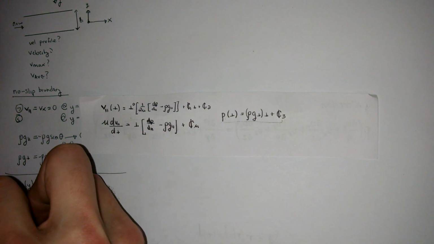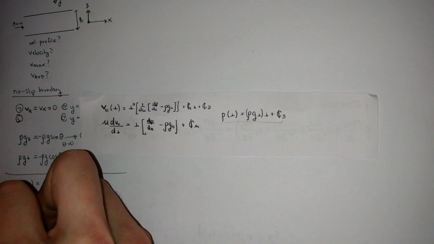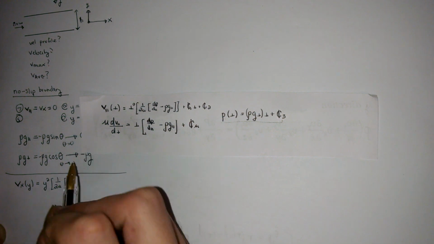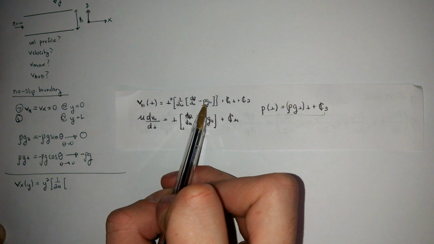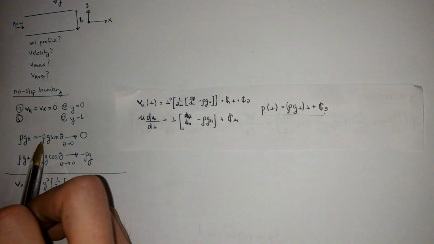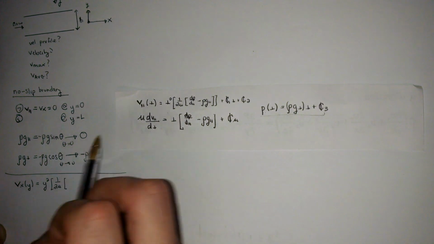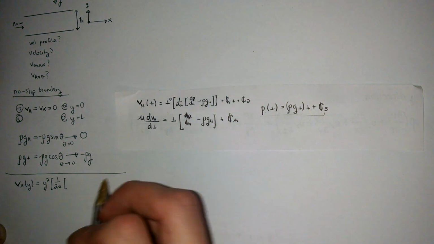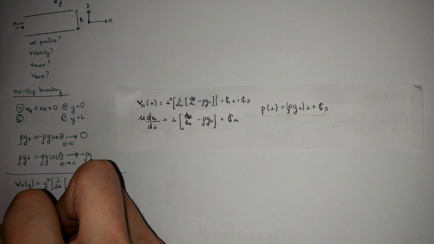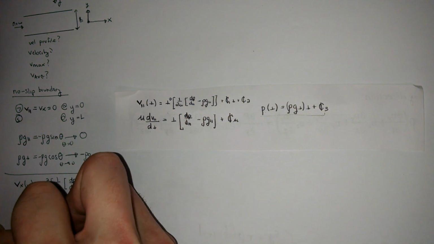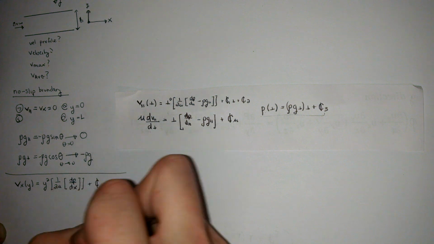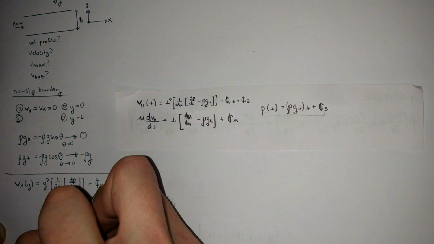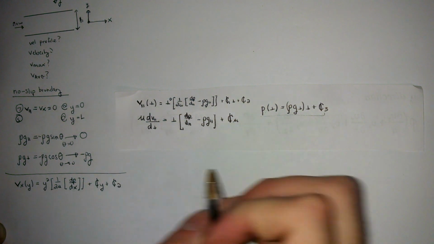So we have y squared over 2 times the velocity. Remember that this term is going to be 0, sorry, this term doesn't go to 0, this term will go to 0. dp dx. And we still have c1 times y and c2.